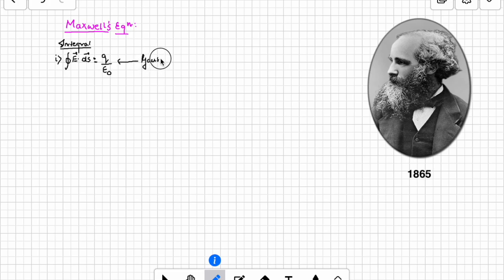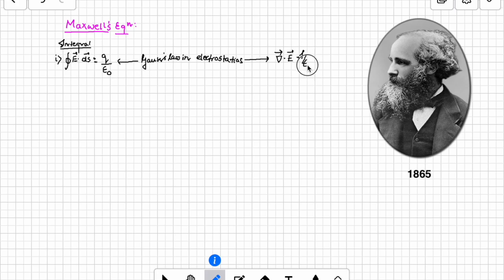Gauss's law in electrostatics. So this is the first form that we have seen. But at the same time this Gauss's law in electrostatics can also be written in the differential form, and for writing it down in the differential form I can write it like this: del bar dot E bar is equal to rho divided by epsilon naught.